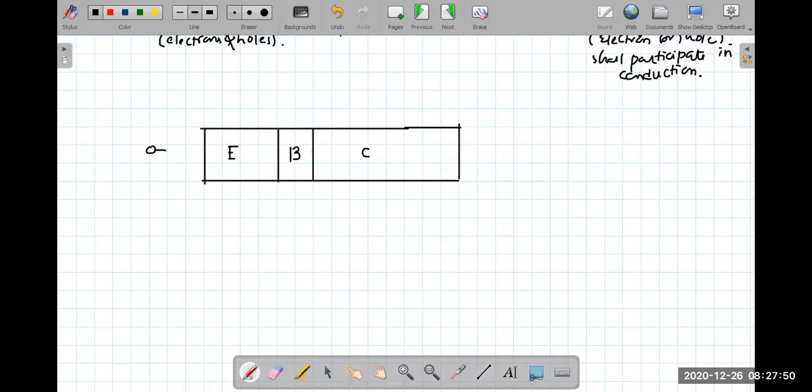Now what's the role of this emitter? It will emit charges. Emit means it will supply current into this region. Clear? Then yes, sure, there are unequal cross sections. Now some part of the current will be coming over here. So this is the base terminal, this is the emitter terminal.